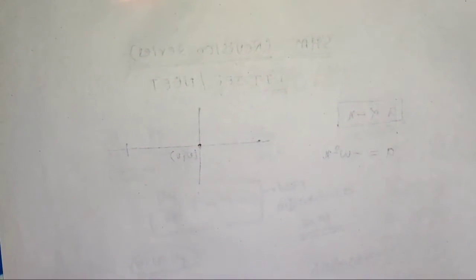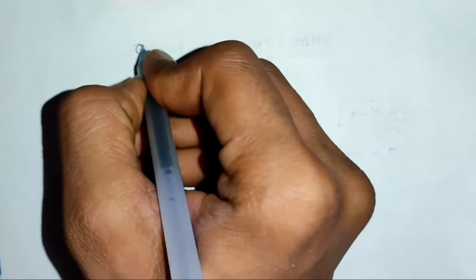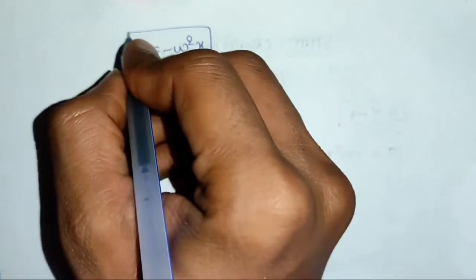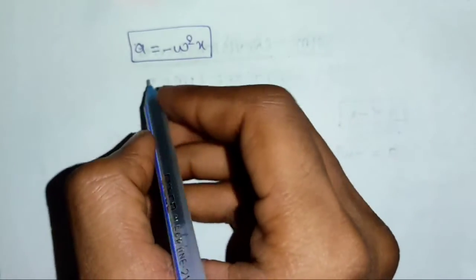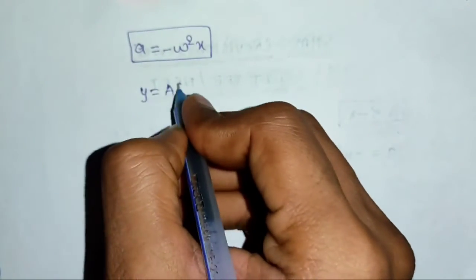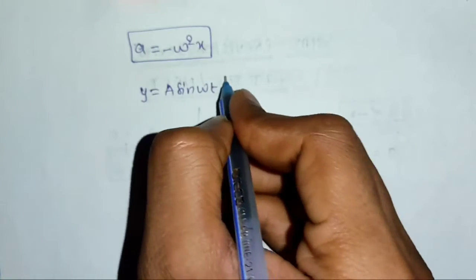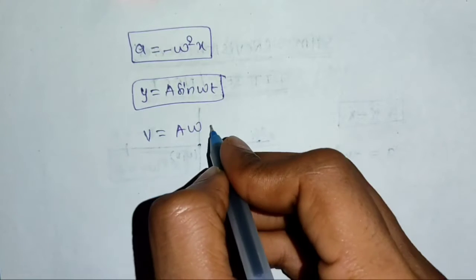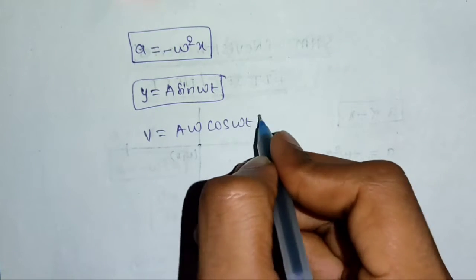Up to here we got the formulas: a = −ω²x and y = A sin ωt, and v = Aω cos ωt.